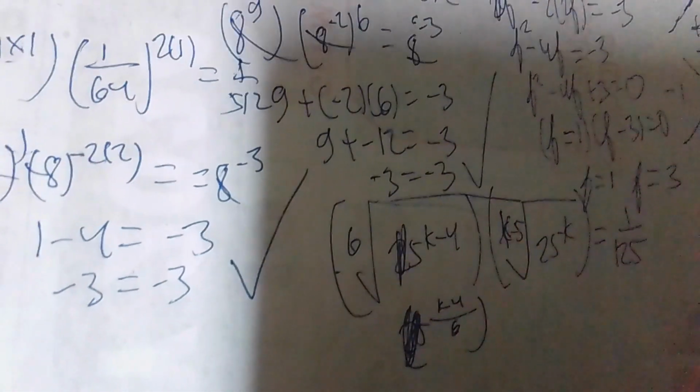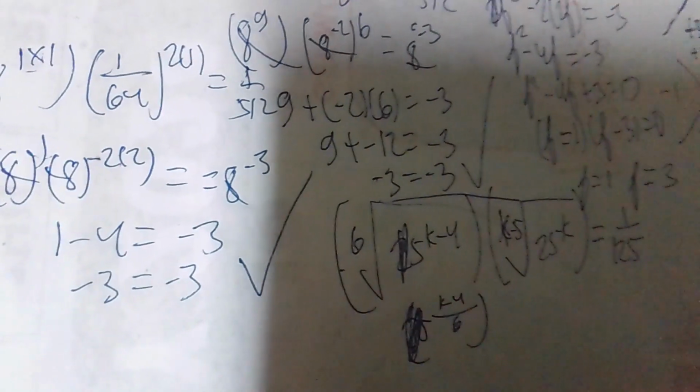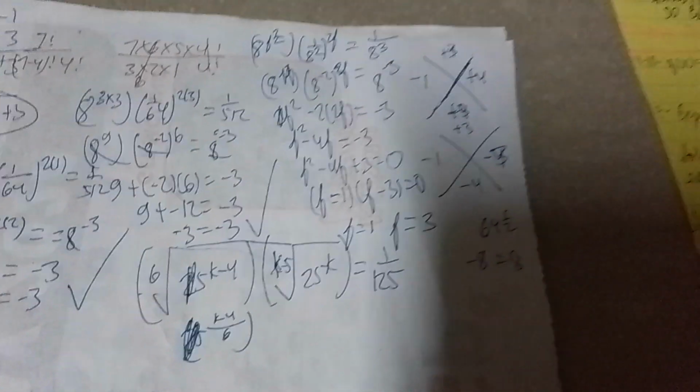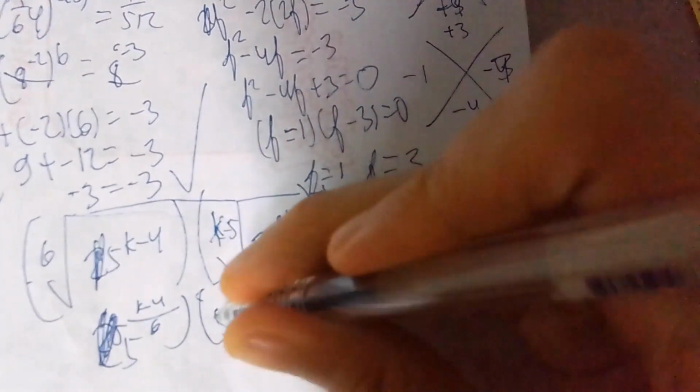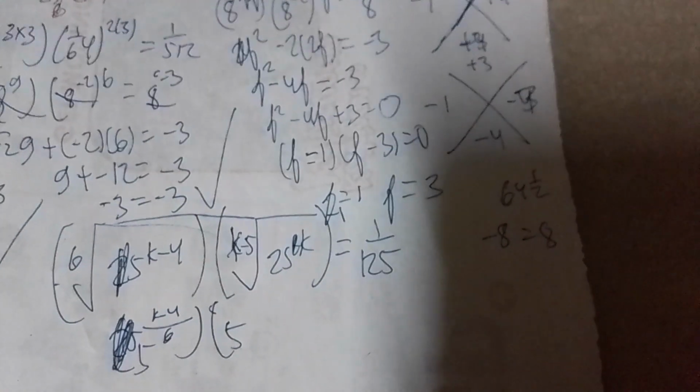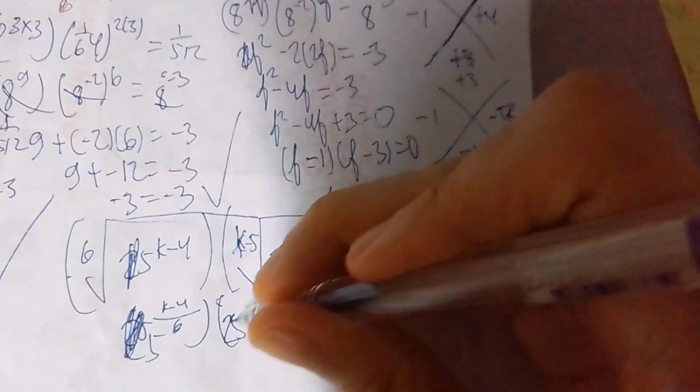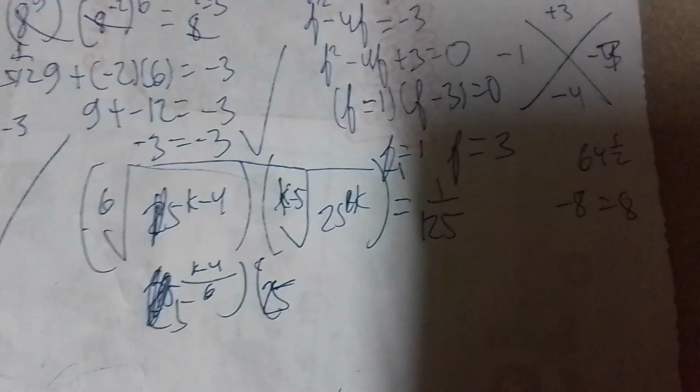And then 25 raised to the... remember, I also have a negative 1 here. It's not negative k. So that's supposed to be 5 times 5, this 5 raised to the k minus 4 divided by 6 power. So the second one is 25 raised to what power?